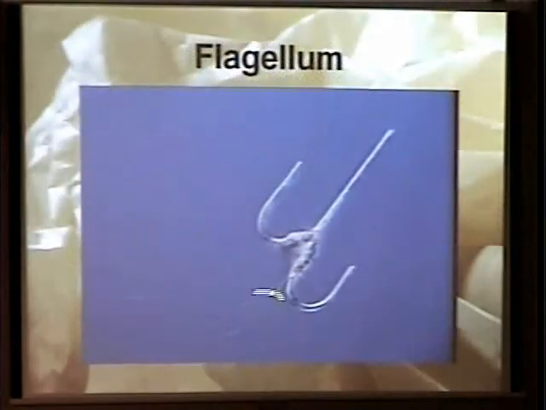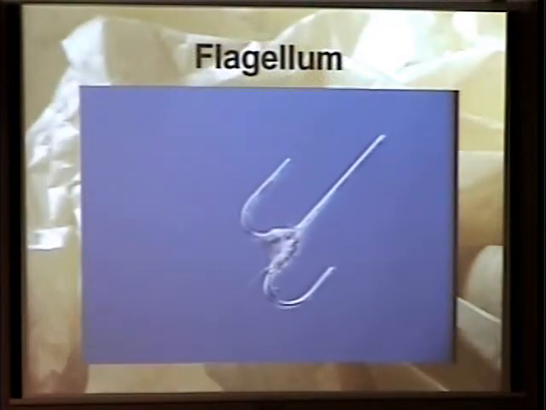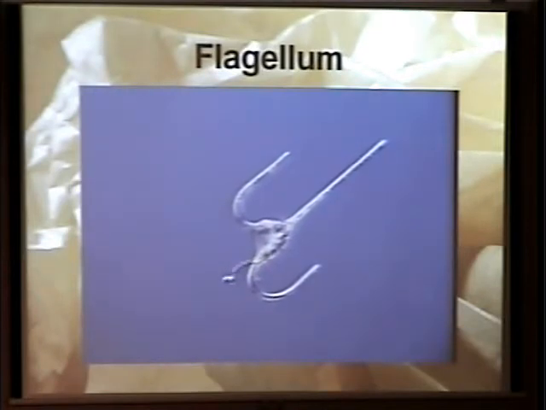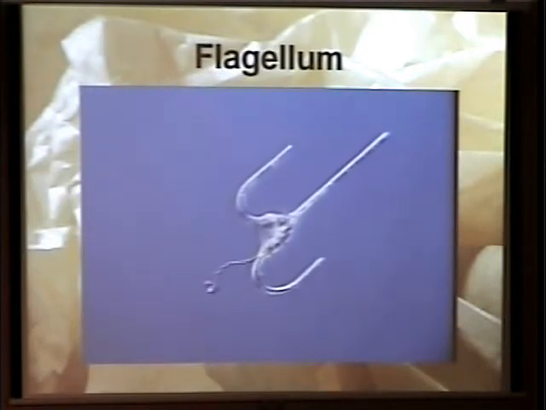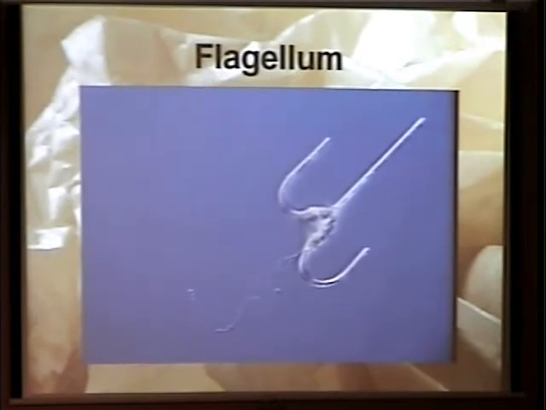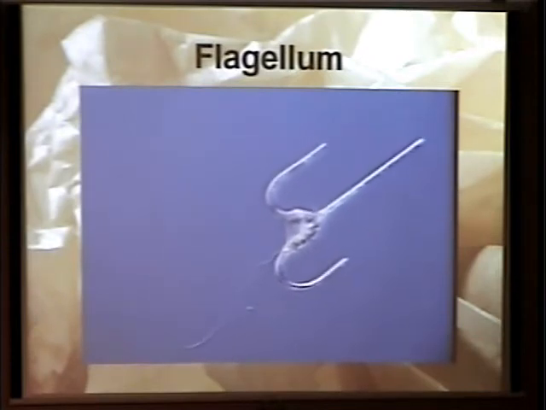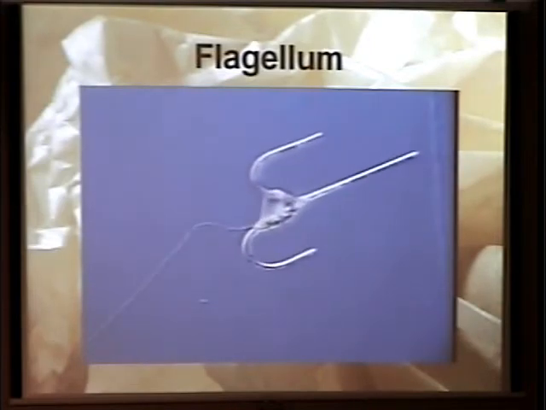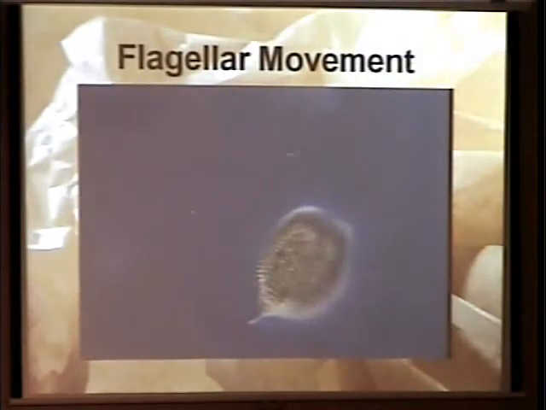There are other longer motor strands that are called flagellum. So cilia are the smaller hairs that tend to beat in unison, in a kind of sideways fashion; a flagellum spins. So it moves an organism in a different way, but they can either push themselves or pull themselves with flagellum.